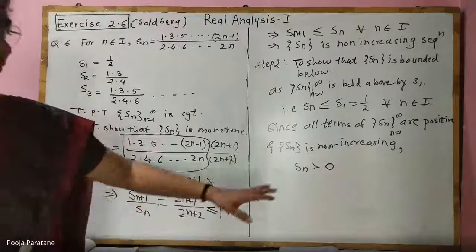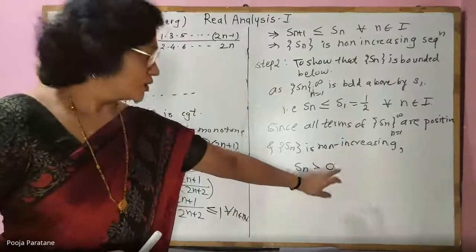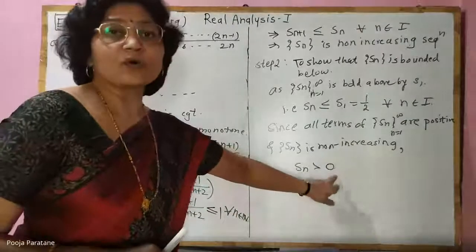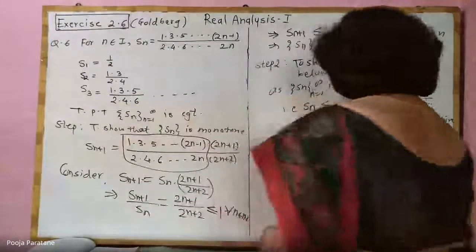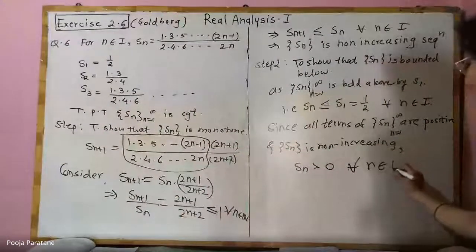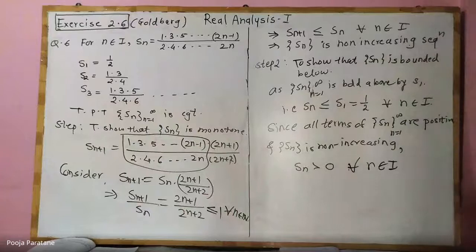Every term is positive, so it is strictly greater than 0. So we can say that 0 is the greatest lower bound for this sequence, and this relation will be satisfied for all terms of the sequence.